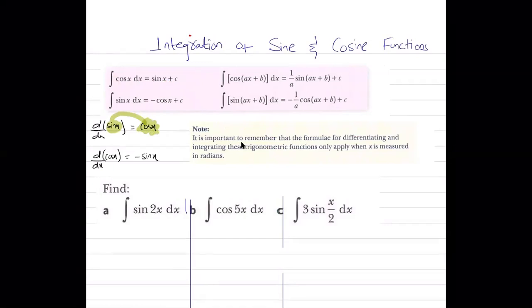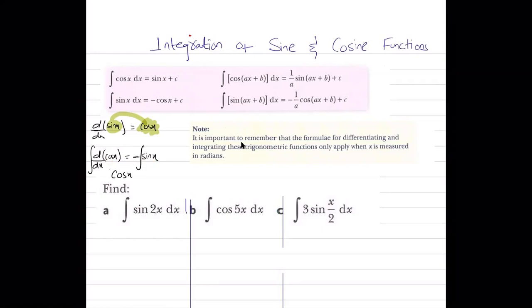And I know that the differentiation of cos x was minus sin x. So if I integrate this, the integration of sin x is going to come out as negative cos x.